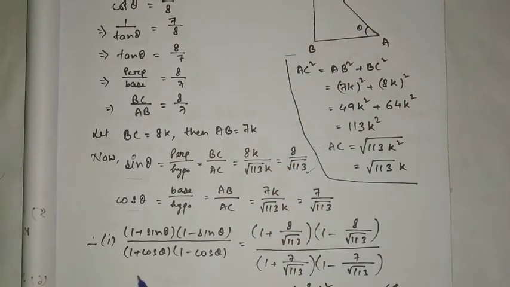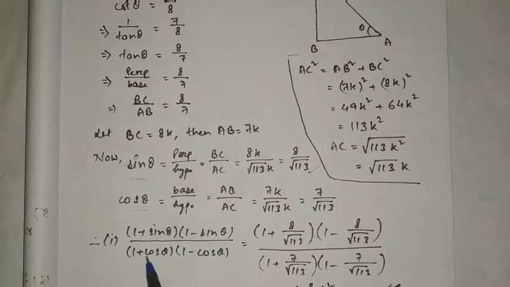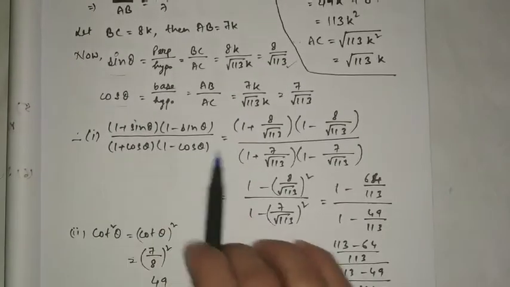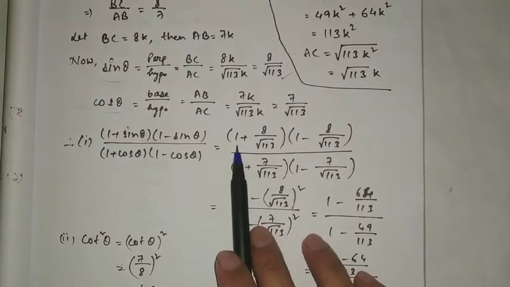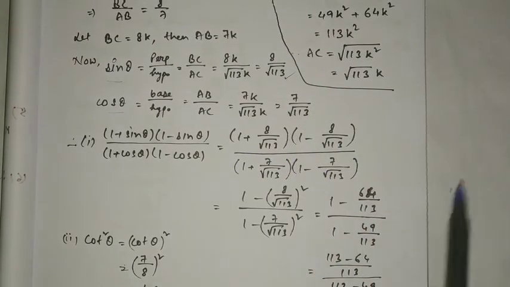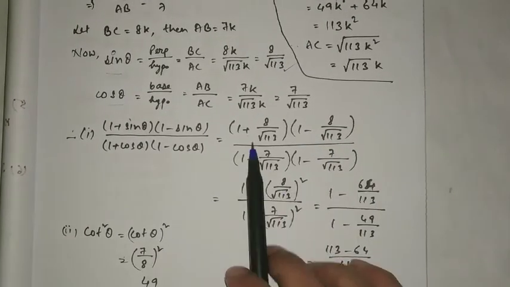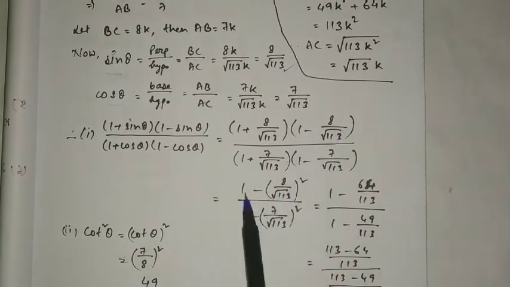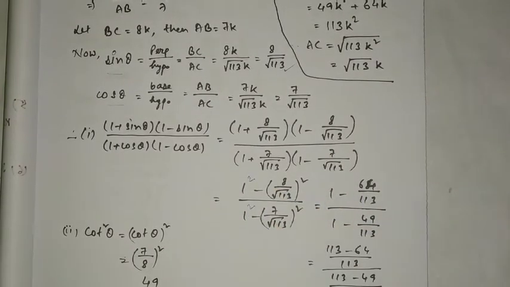Now we calculate this value, 1 plus sin theta into 1 minus sin theta, 1 plus cos theta and 1 minus cos theta. We just simply put the values of sin theta and cos theta in this term, and we get 1 plus 8 by this, 1 minus this, 1 plus this and 1 minus this. And we use the simple algebraic identity, a plus b into a minus b is equal to a square minus b square. I hope you know this simple identity.